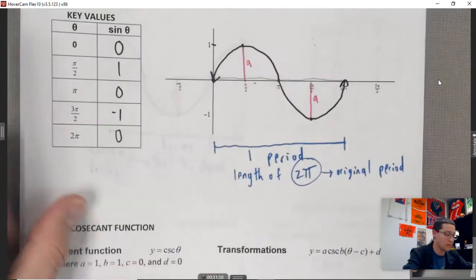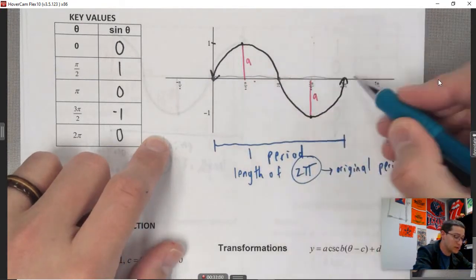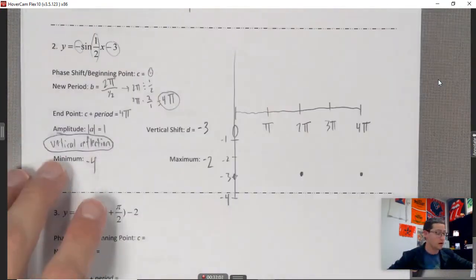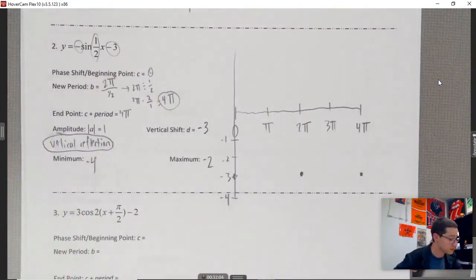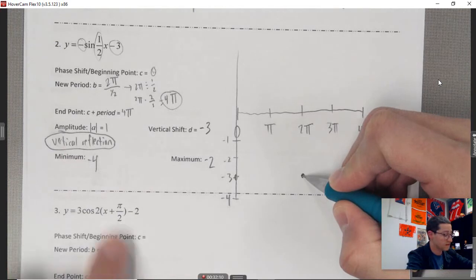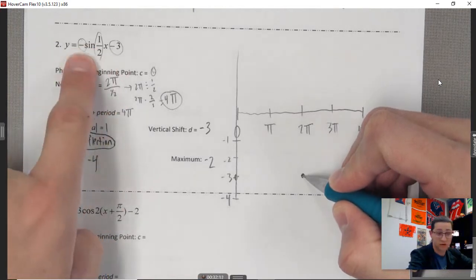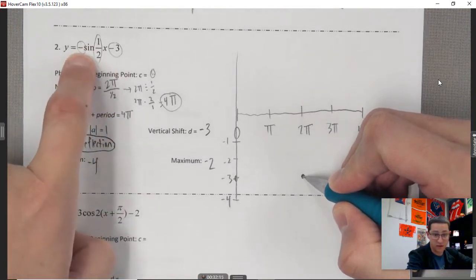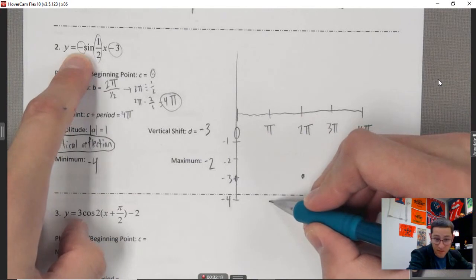What I mean by that is these points in here. Everything else does change. Since it's reflected across that axis, now it's going to be here.